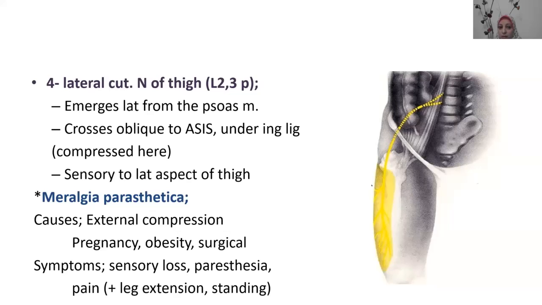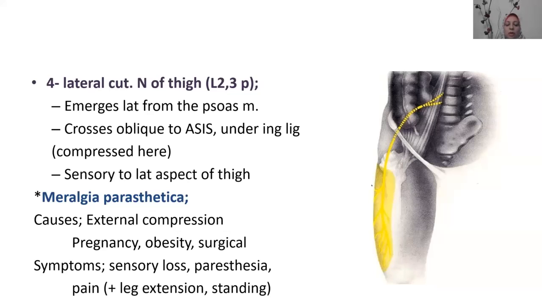It gives sensation to the lateral aspect of the thigh. Compression of the nerve or a lesion to this nerve at the site of the inguinal ligament gives a condition called meralgia paresthetica.